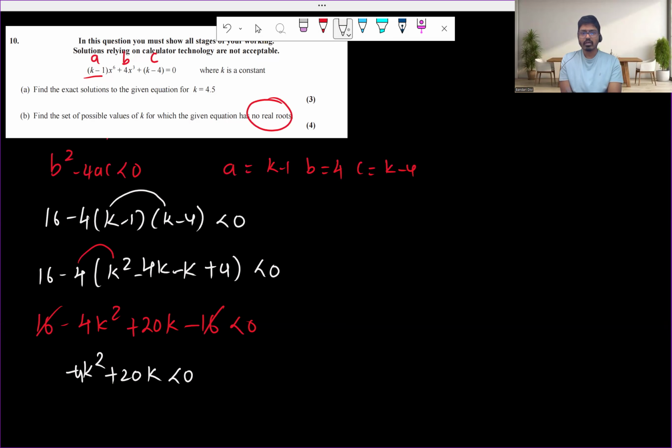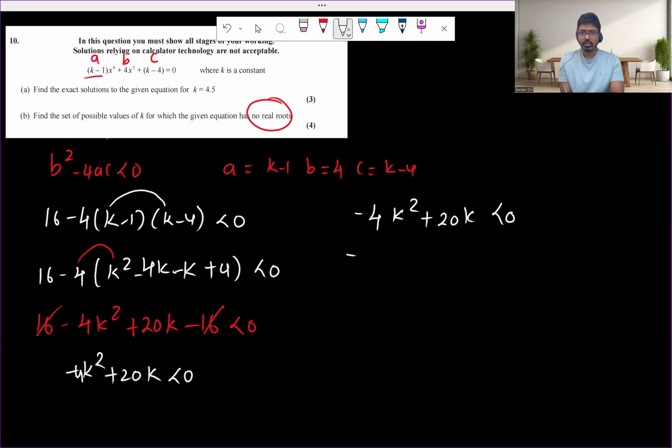Here I'm going to solve this quadratic inequality by the graphical method. So first let us solve the given equation: minus 4k squared plus 20k is less than 0.